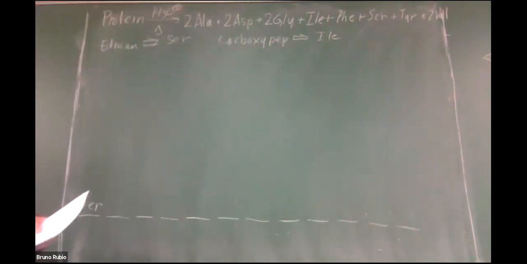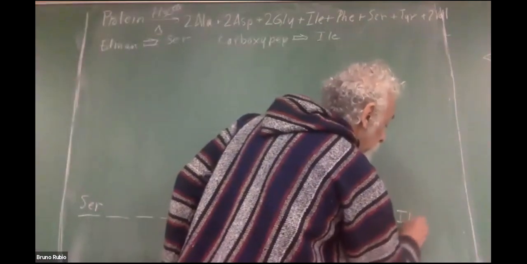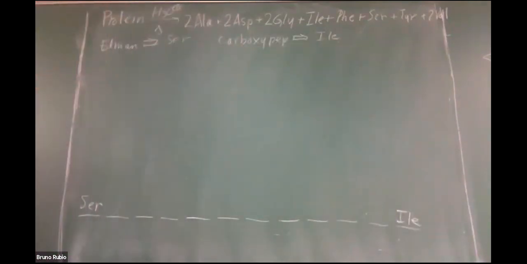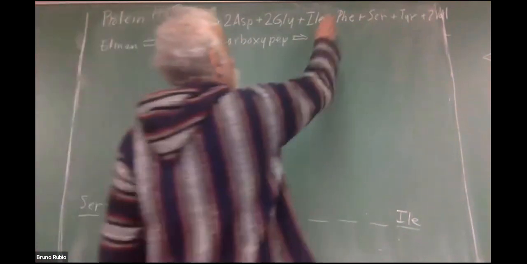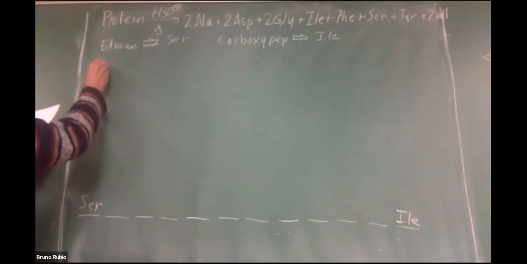And remember, carboxypeptidase is telling you what the last amino acid is, what the C-terminal amino acid is, so we can immediately write isoleucine at the end there. So we found a home for him. Okay, now for the enzymes.